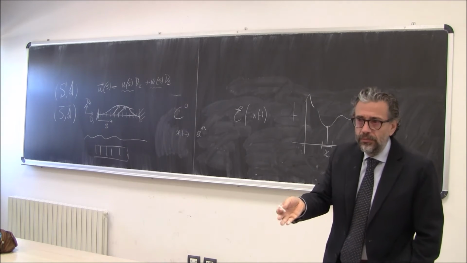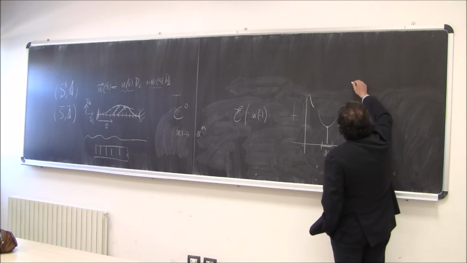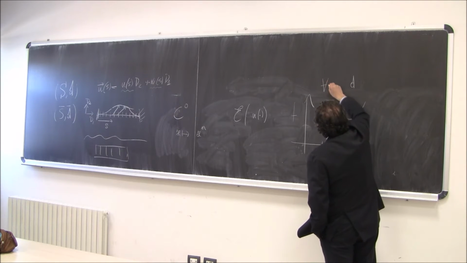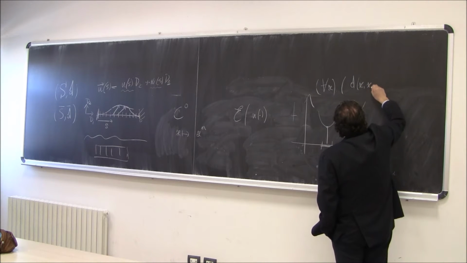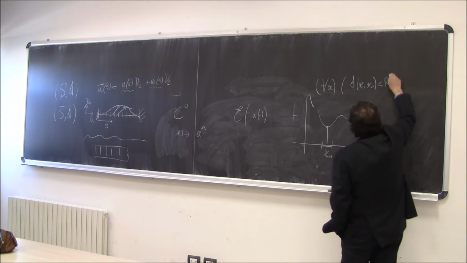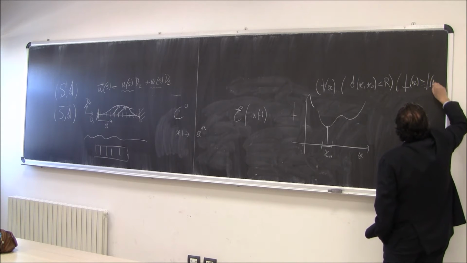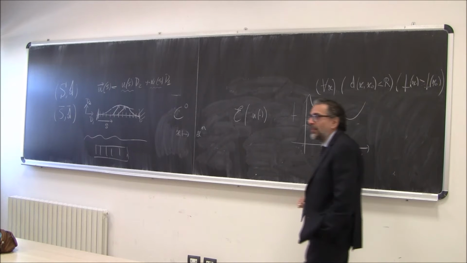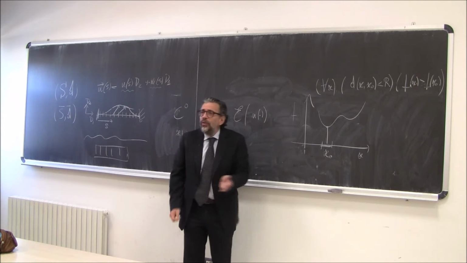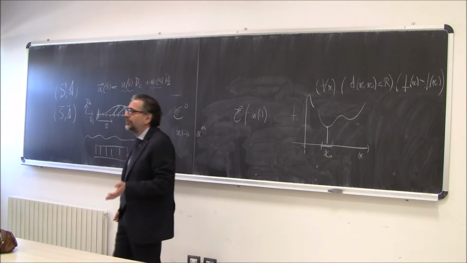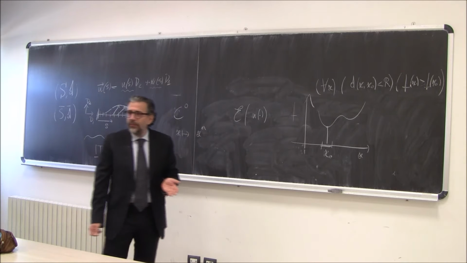I have a ball centered around x0 such that, so I can tell you that for every x such that distance of x from x0 is smaller than a given radius, we have that f of x is greater or equal to f of x0. This is the definition of local minimum. Of course, for this definition, you don't need continuity. You don't need anything. You need only the definition of the function f.